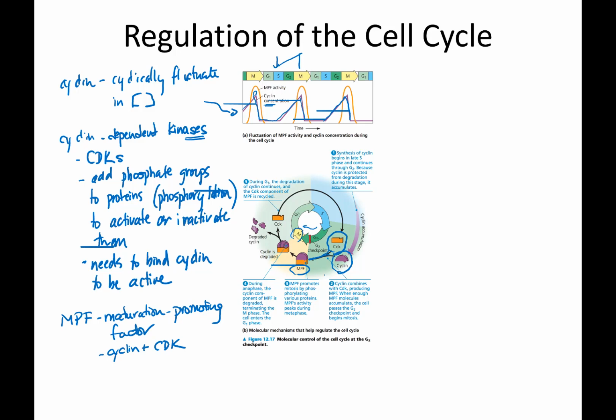So with MPF, cyclin and CDK come together, and now its enzymatic activity is turned on, and it goes on and phosphorylates a variety of things. And one of the targets is the nuclear lamina. When phosphorylated, it starts to fragment, as in prometaphase.